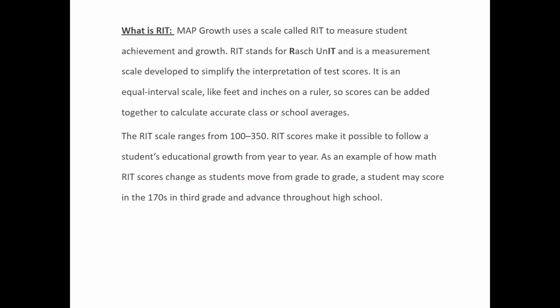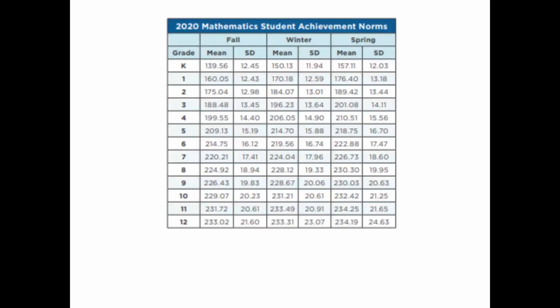Okay, so I've given you an average score here. Almost everyone in this class scored above 12th grade. They're saying 12th grade in the fall would be 233. If you got above 233, then you're good.